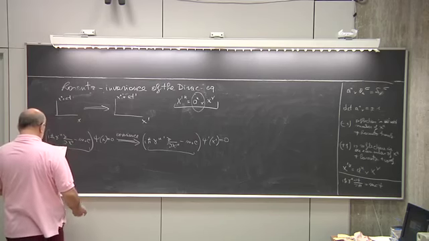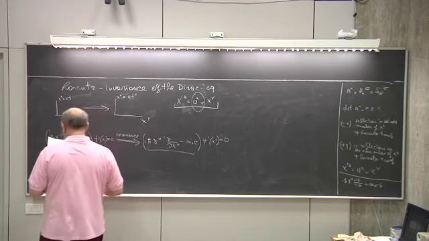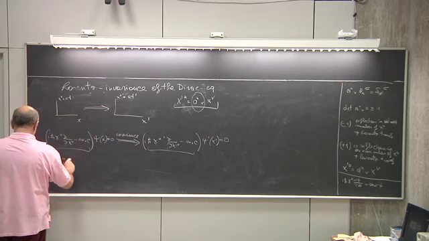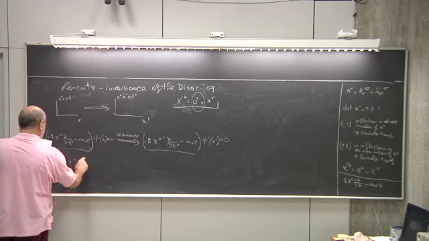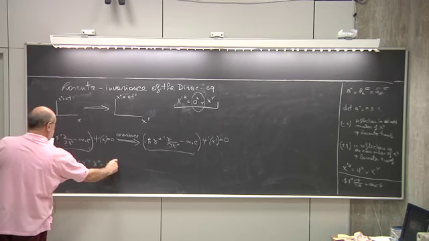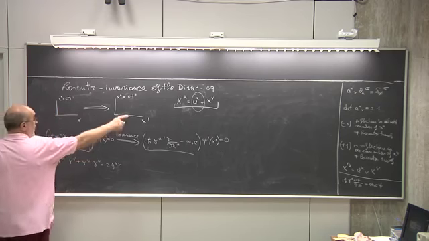Okay, now first of all, let's look at how the gamma mu change. Now, we know that the gamma mu have to have this anti-commutation relation, the one that we did before. And this relation must hold also in the prime frame.